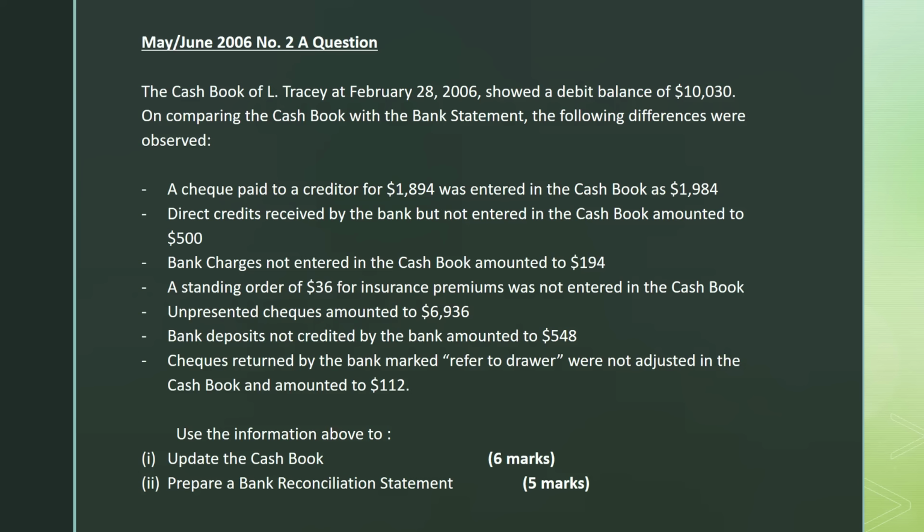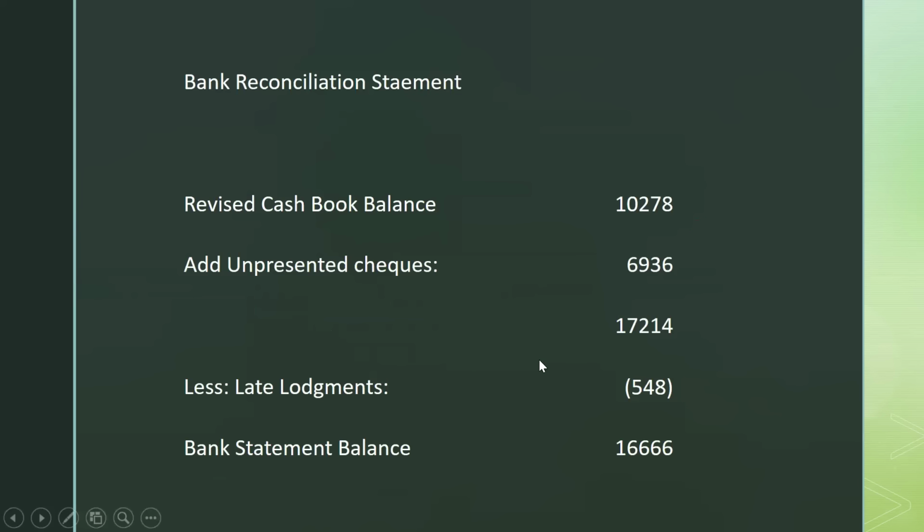So you start off with a revised cash book balance. You add unpresented checks, which is 6,936. And then what do you minus? Late lodgement, which will be 548. So you start with the revised cash book balance, add unpresented checks, minus late lodgements, and that gives you the bank statement balance. And that is it.